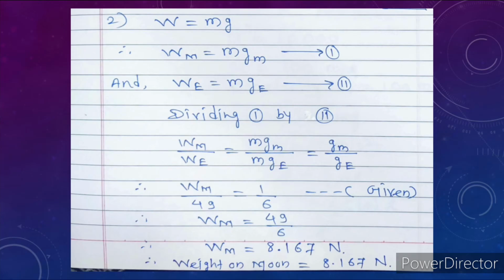Dividing equation 1 by equation 2, we get weight on moon divided by weight on earth is equal to mGm upon mGe, and that is equal to Gm upon Ge, and therefore weight on moon upon 49 is equal to 1 by 6 using given values, and therefore weight on moon is equal to 49 upon 6, and therefore weight on moon is equal to 8.167 Newton, and finally we can write weight on moon is equal to 8.167 Newton.